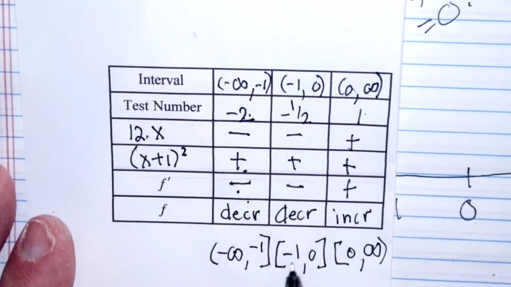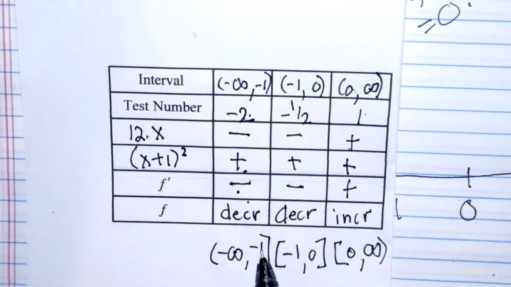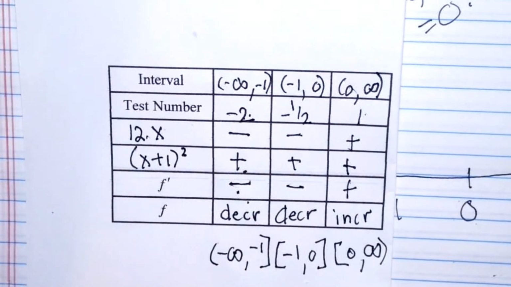Well, these first two intervals, the one from negative infinity to negative 1 and the one from negative 1 to 0, share a point in common.